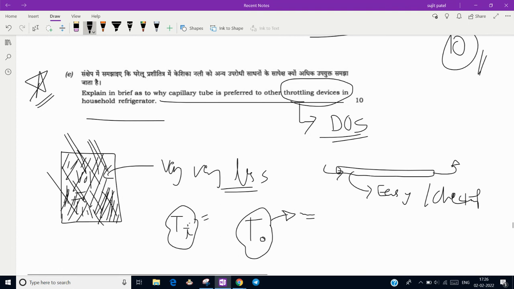So it needs to flow through the same cycle, whether our domestic household refrigerator is empty or full. Okay, so this is the reason. The main thing is constant volume and the load variation is very small. So that's why, to be cost effective, we are using capillary tube. So this is the main reason.